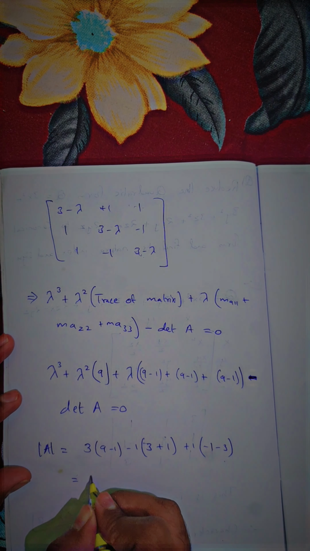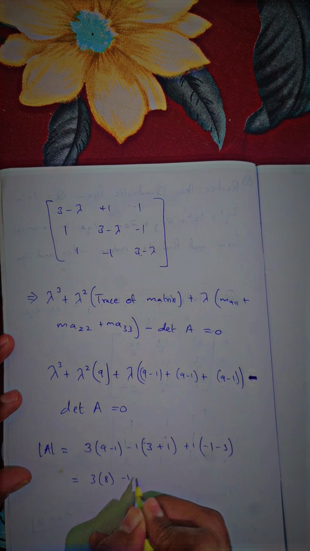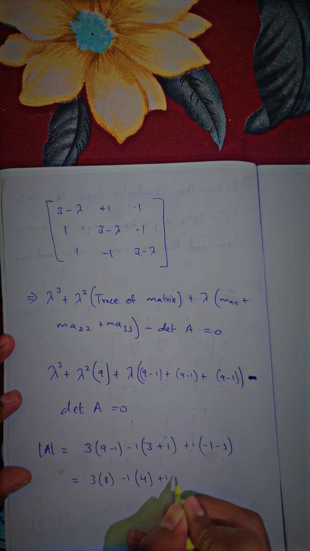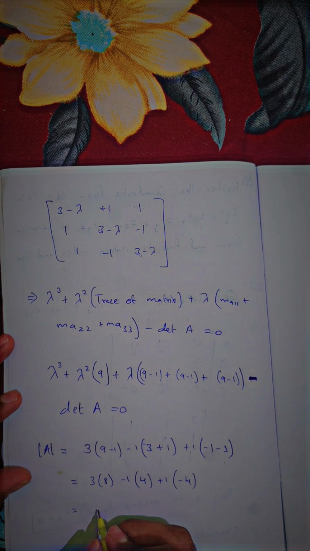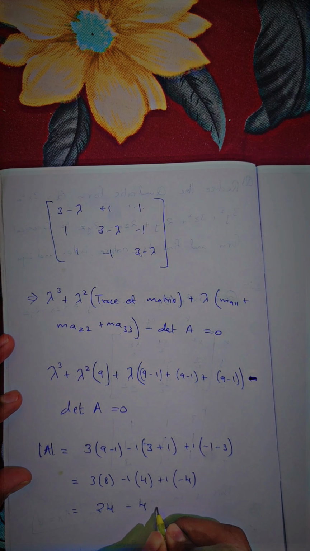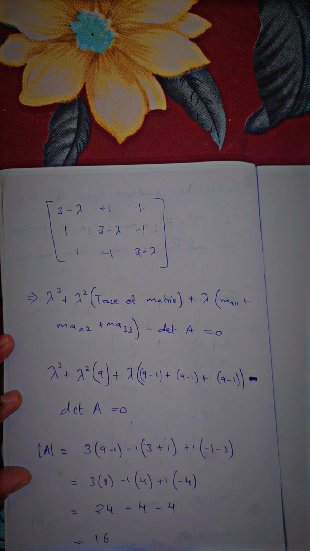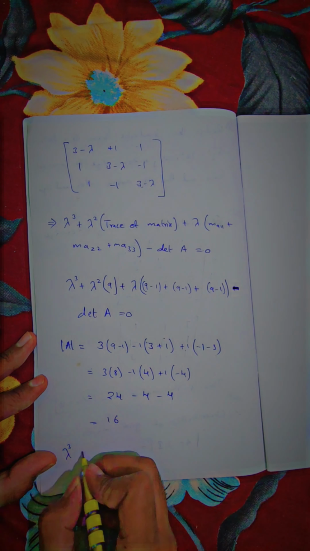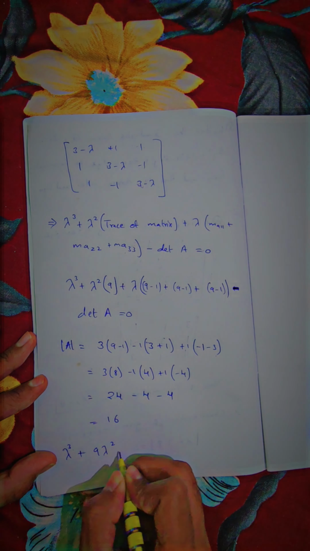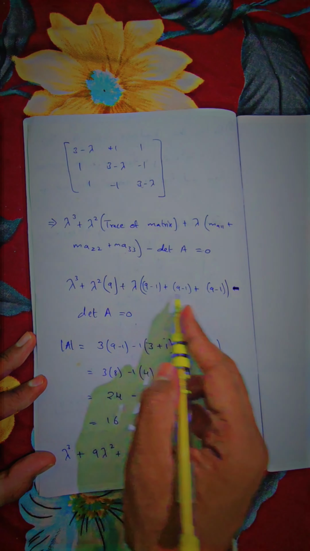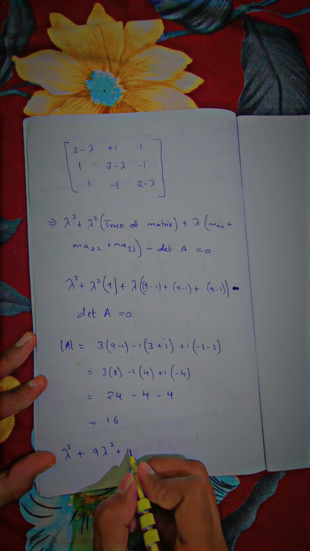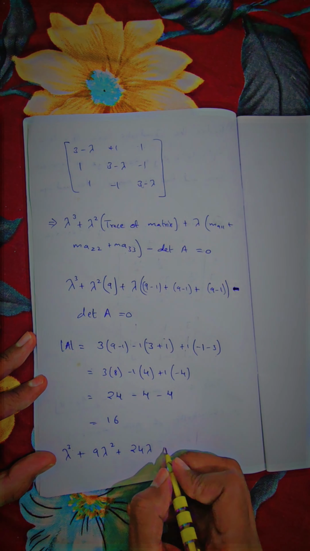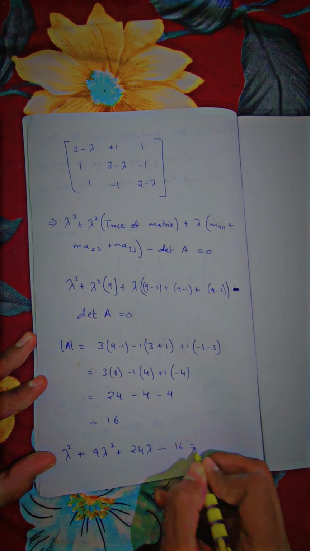So this is 3 times 8, minus 1 times 4, plus 1 times minus 4, so it is 24 minus 4 minus 4, which is 16. So this we substitute in the equation: plus 9 lambda square, plus this is 8 plus 8 plus 8, so it is 24 lambda, minus that value 16 is equal to 0.